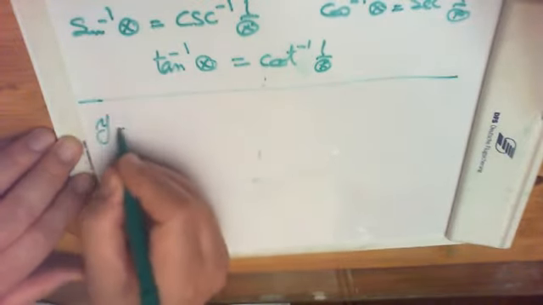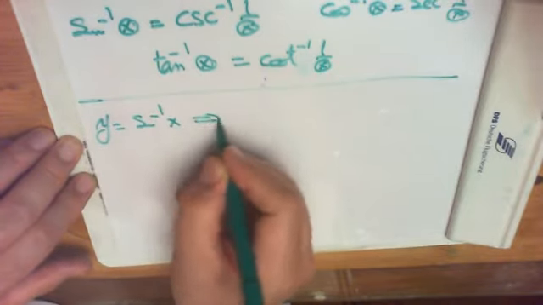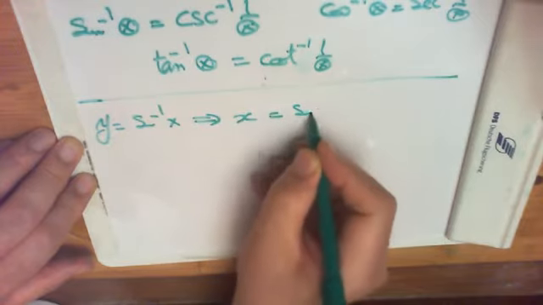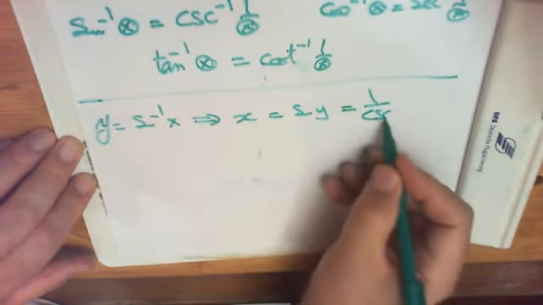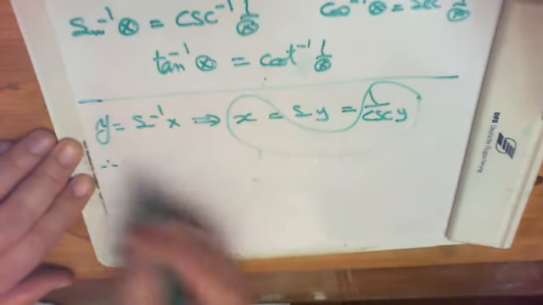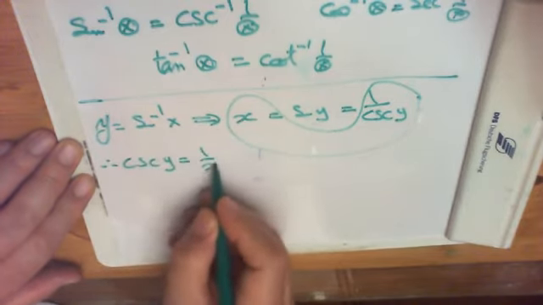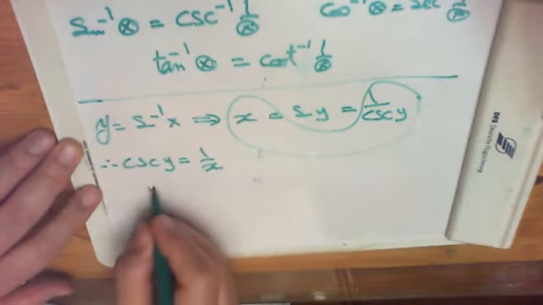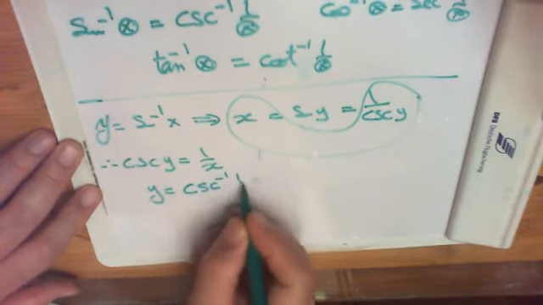How? Let y equals sin⁻¹x. This means x equals sin y, but sine is 1 over cosec. Therefore, cosec y equals 1 over x, or simply y equals cosec⁻¹(1/x).